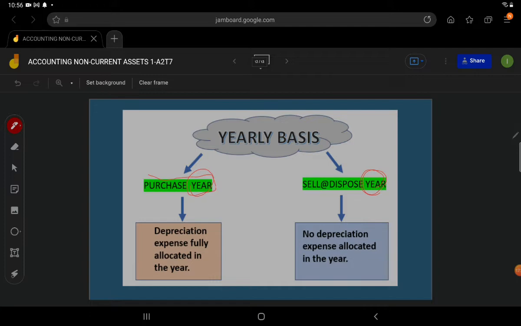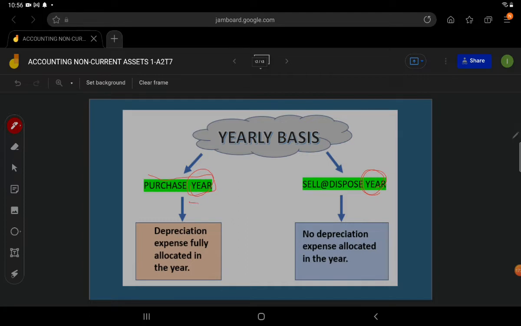When purchase year, depreciation expense fully allocated in the year. Maksudnya, pada tahun pembelian itu, depreciation expense dia akan dikira full setahun, dalam tahun tersebut.